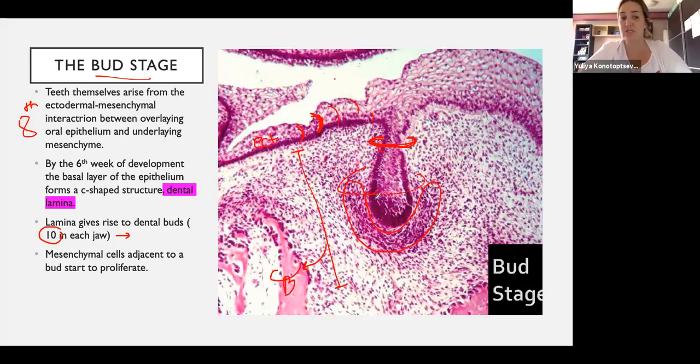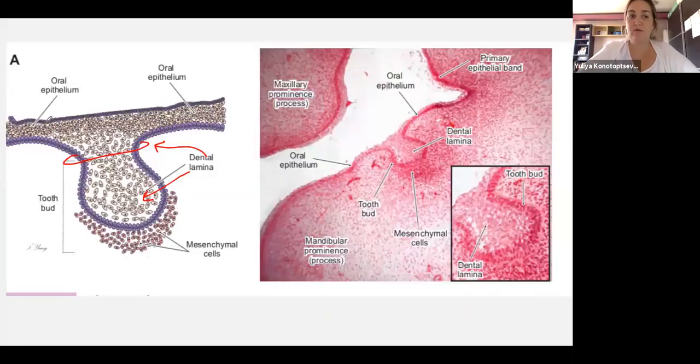As a result, in our university, in the lectures, they put the dental lamina here. So I repeat: oral cavity epithelium, aka ectoderm. All of this ectoderm is inside of the mesenchyme, creating a bud-like structure. There is a connection between the bud and the oral cavity epithelium, which is called the dental lamina.